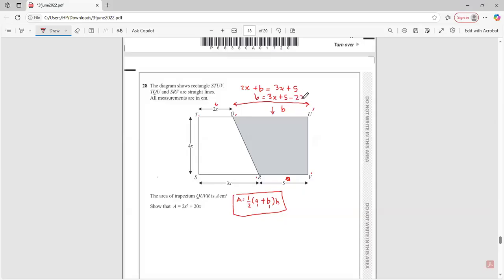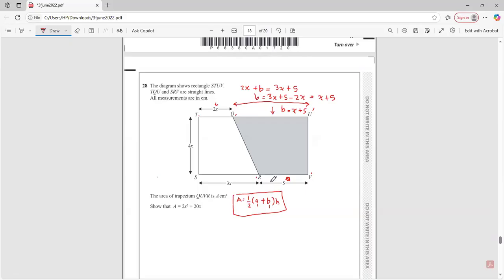Yes. Okay, which will further become, because of the like terms, 3x can take care of 2x. So everything will now become 3x minus 2x, which is x. So we're now left with what? x plus 5. Okay, so are you with me up to that point? Yes. Okay, good. So anywhere we see B in our formula, we're simply going to put what? x plus 5. All right.